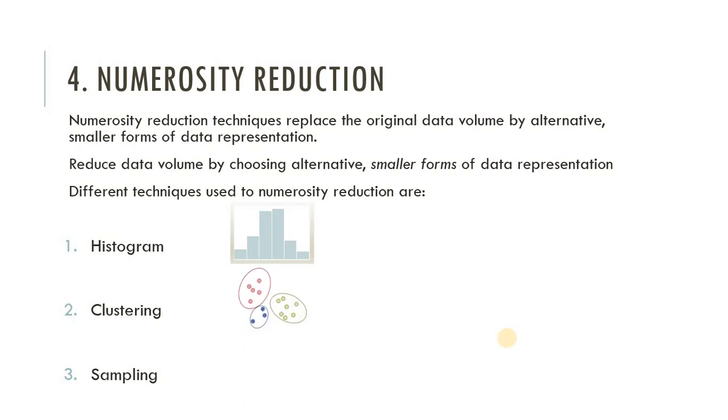Second is clustering. We group our data into similar groups. Data may be grouped into their own categories and we can use one representative of each cluster, so that we only use that representative for each cluster. That is how we can reduce our data. Third is sampling. In sampling, if there is a large population or many samples in the database, we choose only one sample from that.